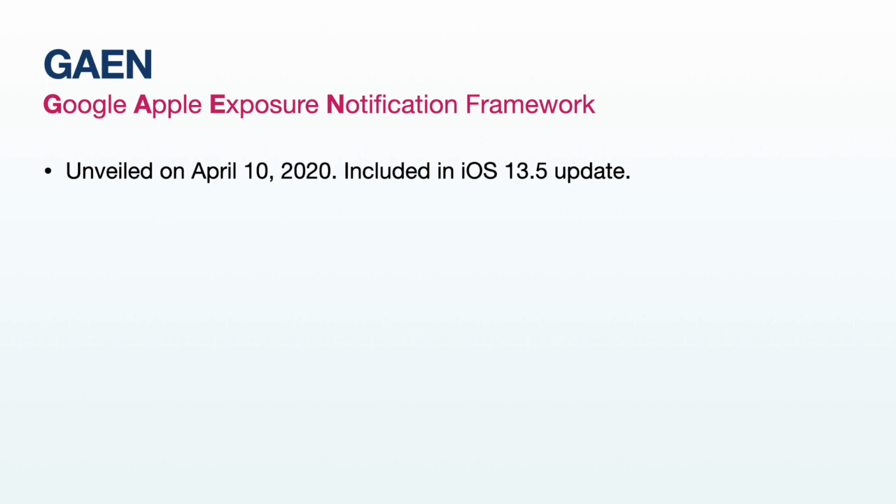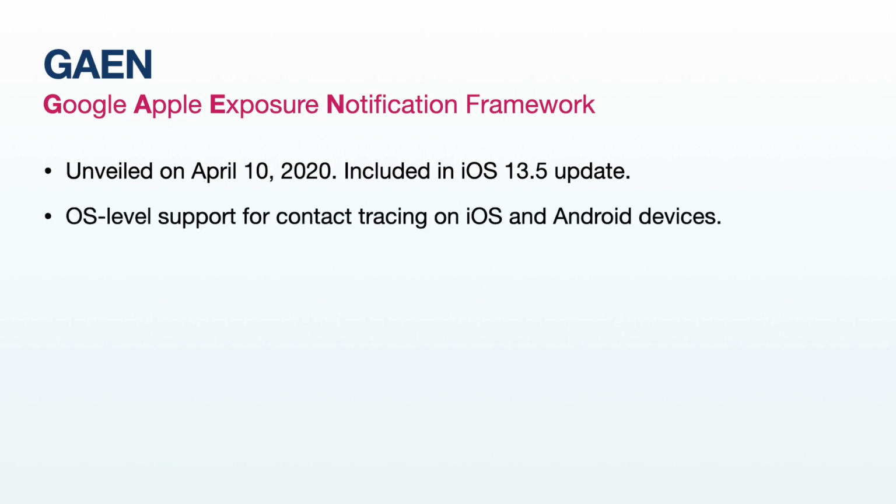And what it does is it provides a low-level support for Bluetooth proximity monitoring to find out if certain devices were in contact with each other. More about that later on how it works. So it provides OS level support for this contact tracing in both iOS and Android. Apple and Google work together on this to get a very wide coverage of this technology and to make sure that a lot of people can use this kind of contact tracing.